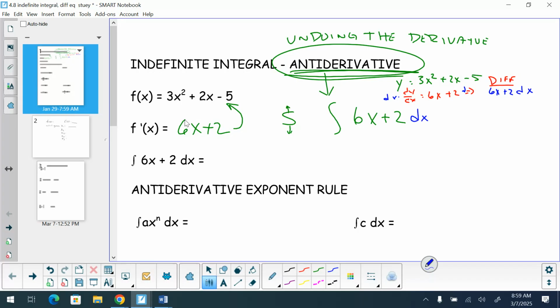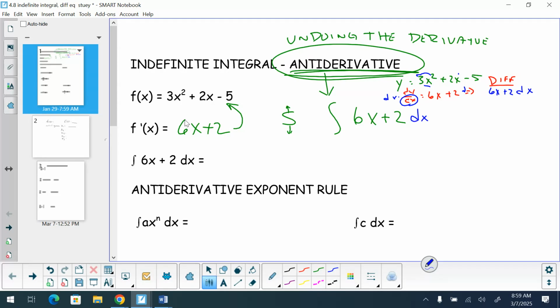What this dx tells us is that, as we're taking the derivative of y with respect to x, it tells us what we use our derivative rules with, or to, in our function here. I go 3 times 2, subtract 1, 1 times 2, subtract 1. We do that all with respect to the value of x.